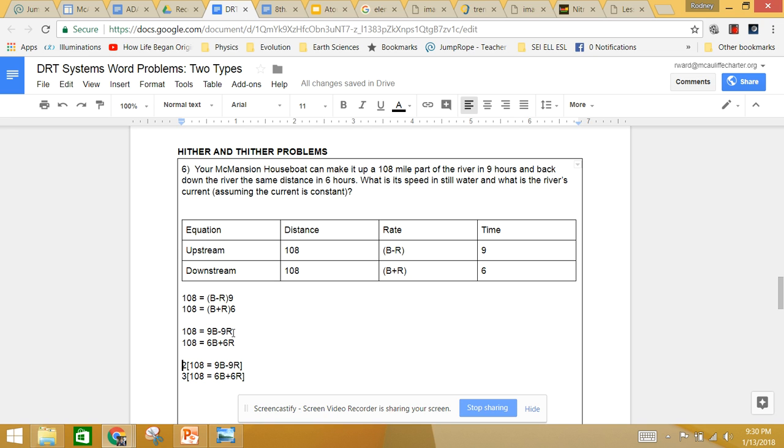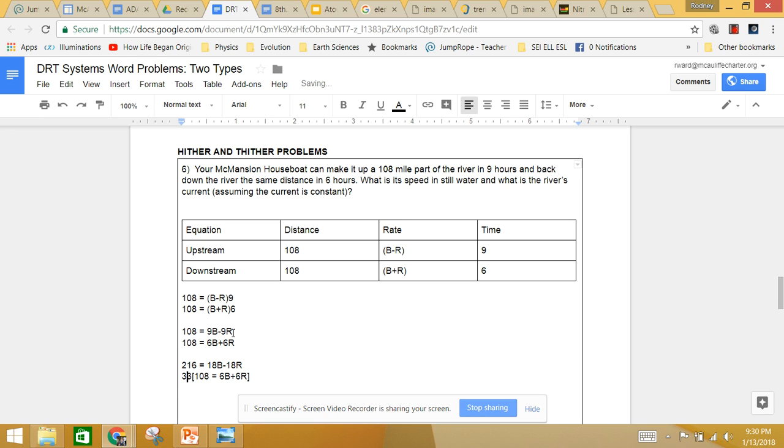Okay, so when I double everything here, 2 times 108 is going to be 216. And this is going to be 18b minus 18r. I have now doubled all parts of that. If I triple this one, 3 times 108 is going to be 300 plus 8 times 3, which is 24.